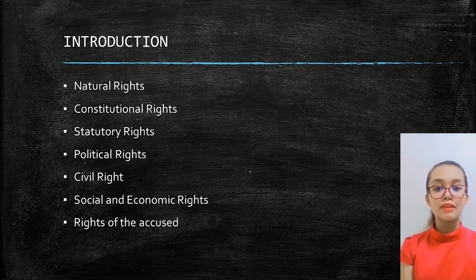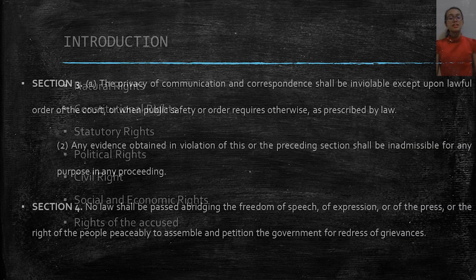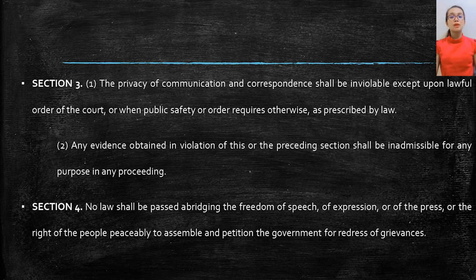As such, these rights were preserved by the government by virtue of Article 3 of the 1987 Constitution of the Republic of the Philippines. Section 3 is about privacy of communication. For example, a telephone conversation between two kidnappers that was secretly recorded by police officers without a court order is not acceptable.